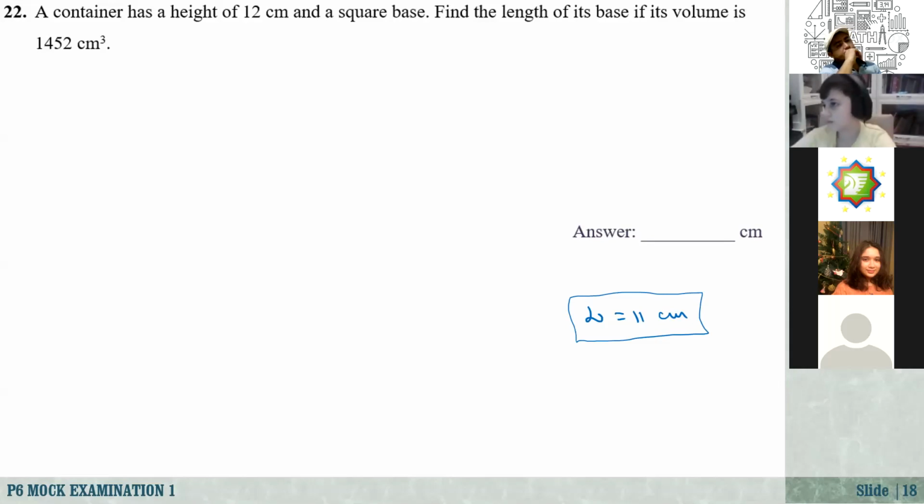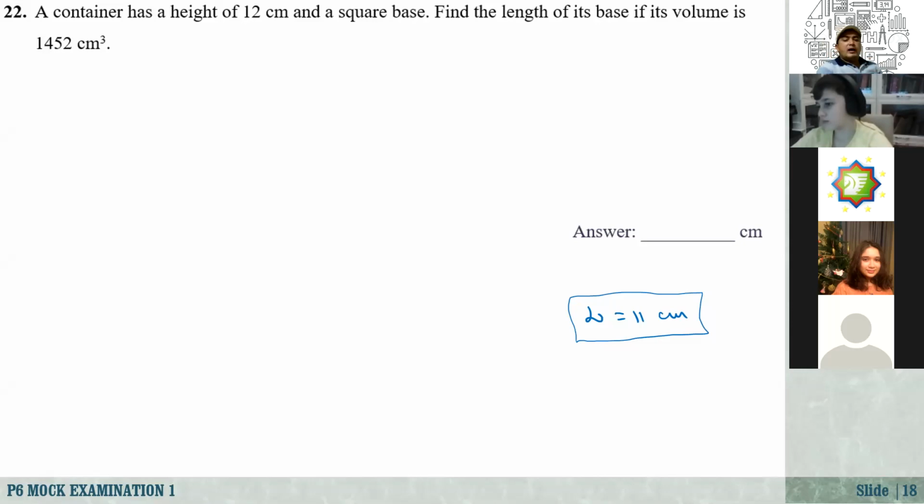I divided 121 to 11. This 11's quadrant is 121.